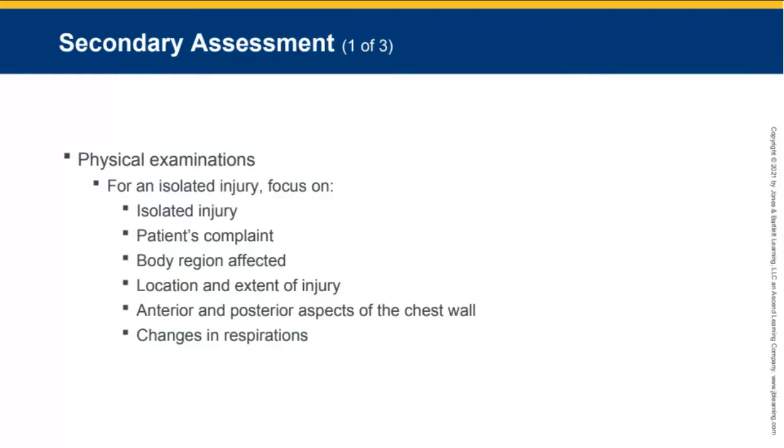When you're listening to a patient's lungs, remember to listen at the posterior as well. You can hear lung sounds better from the back. Are there changes in the patient's respirations?